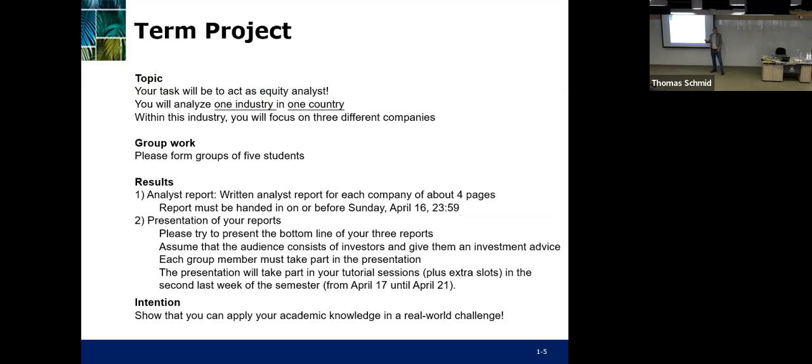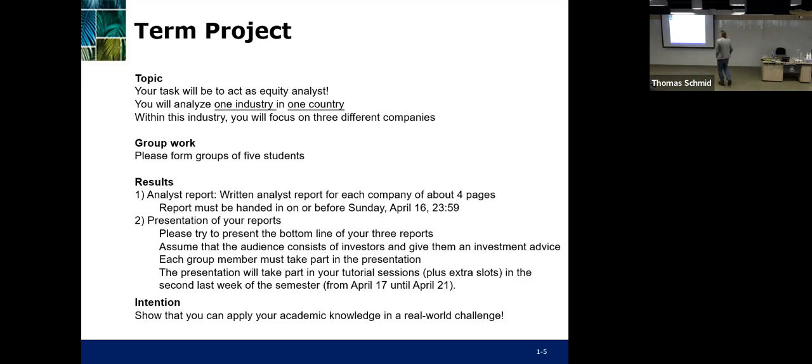The basic idea of this project is to do something that is quite relevant in practice. That is not easy. I know that writing an analyst report is a challenging thing, but I think it helps you to apply the things that you learn, not only in this course, but also from your other courses, in a very practical exercise.